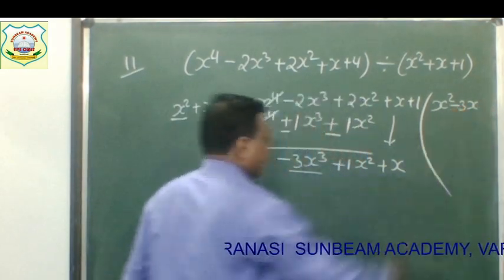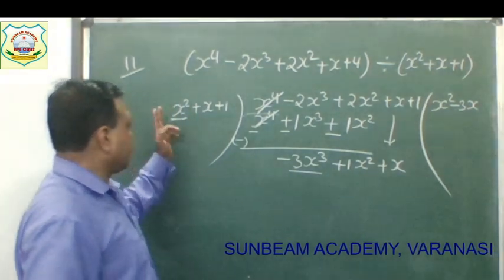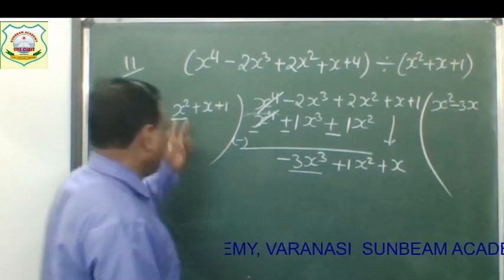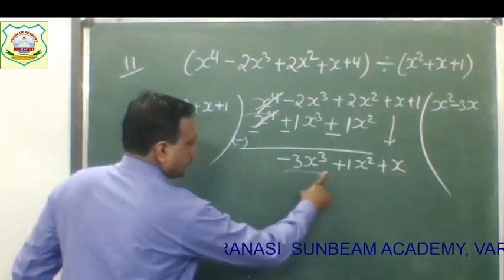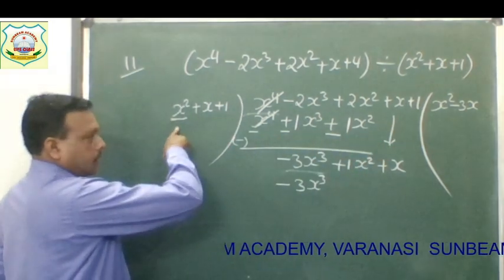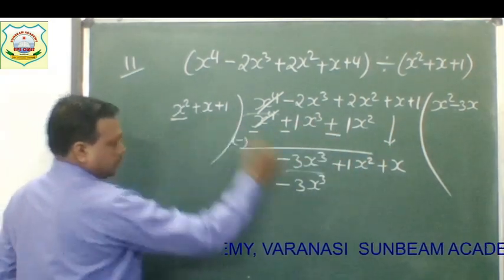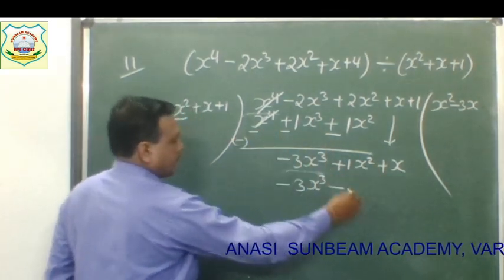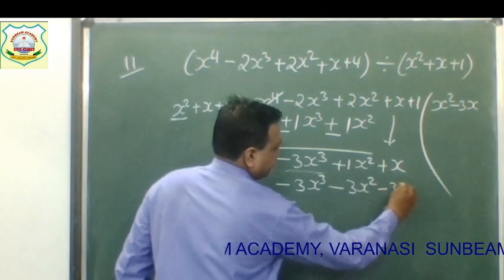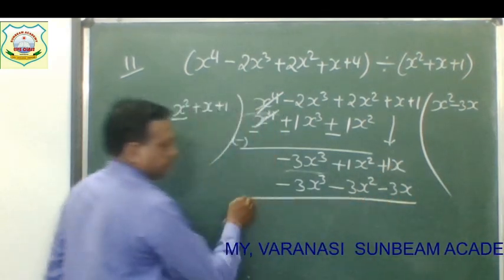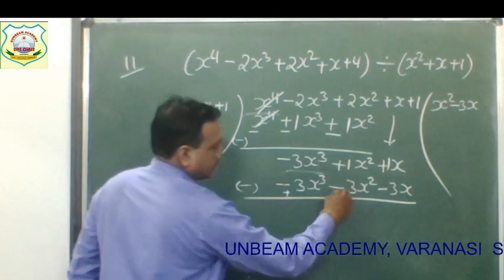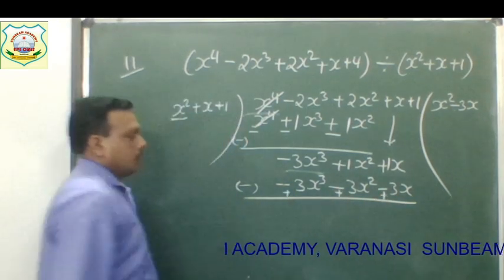Now the sign will change here. Minus 3x into x square is minus 3x cube, minus 3x into x is minus 3x square, and then minus 3x. We want to subtract, so the signs change to plus.